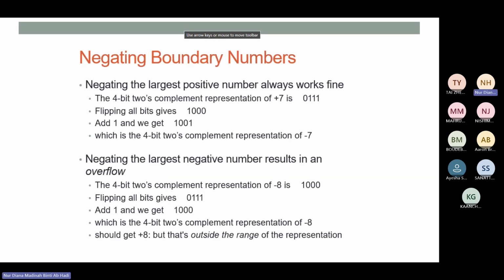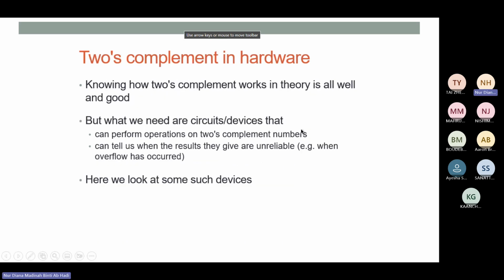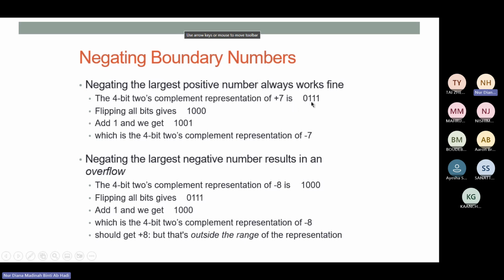Negative boundary numbers: if you negate the largest positive number, it will always work fine. Okay, you need to flip. For example, positive 7. When you convert to binary, it's 0111. So you flip, you reverse them, and you will get 1000. Okay, then we add 1, we get 1001.